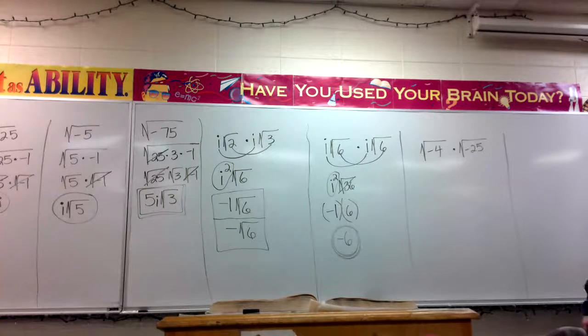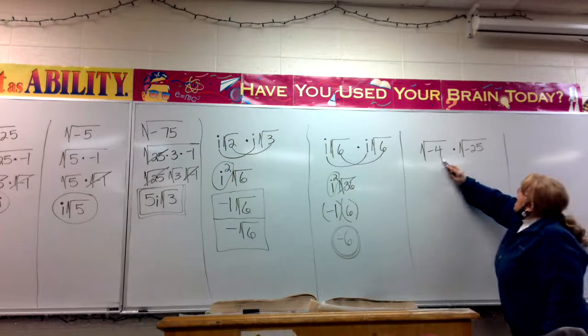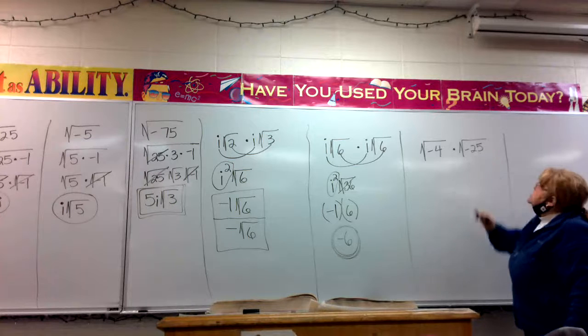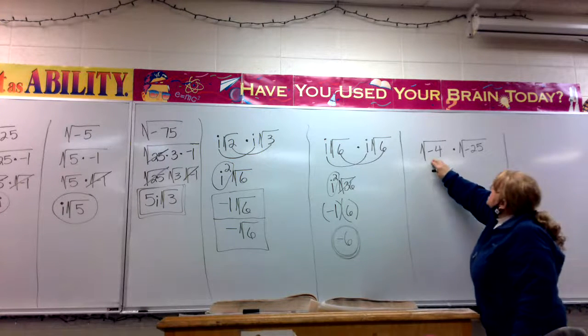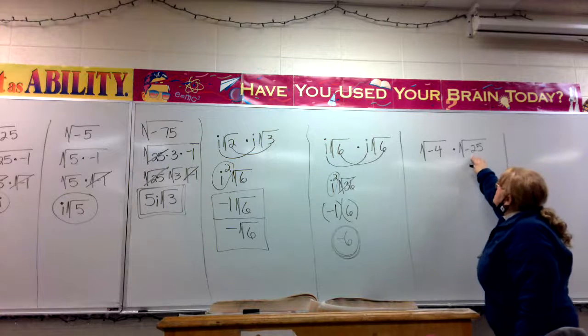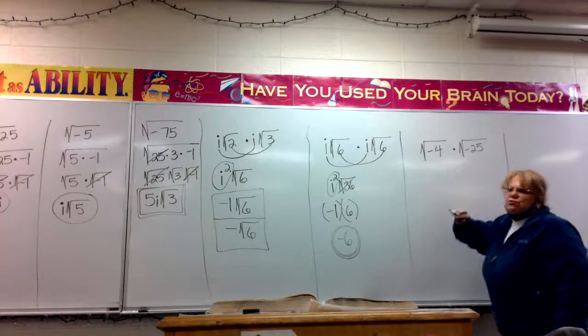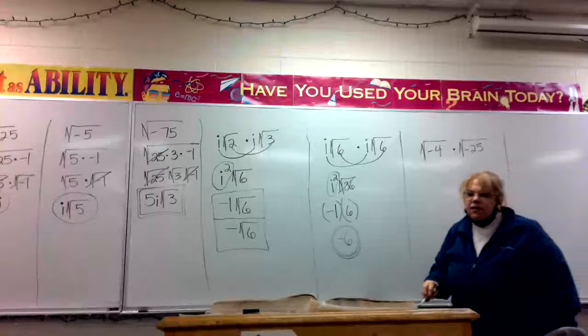And what I always say to remember it: you may not multiply negatives under the root. They have to be simplified first. No matter what you're doing, they need to be simplified first. So before you do anything else, simplify this, simplify this. It's not equal to the square root of 100 is 10.